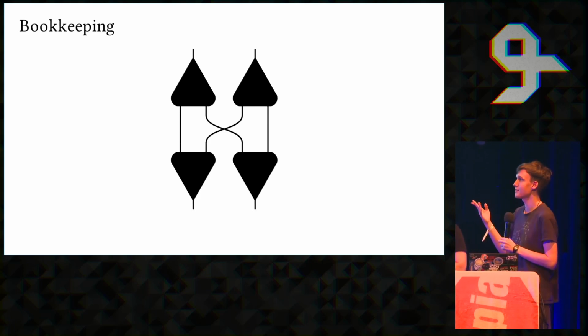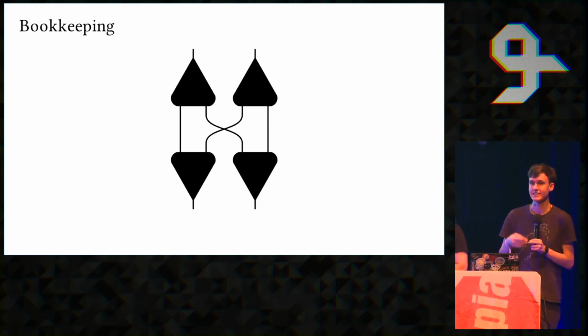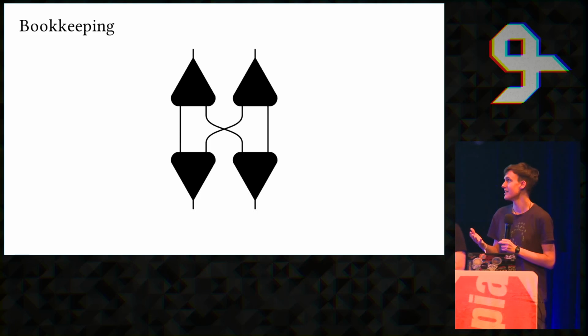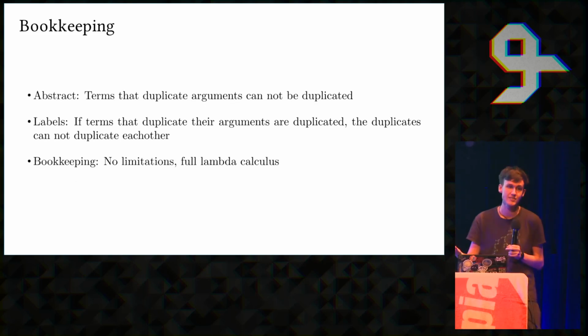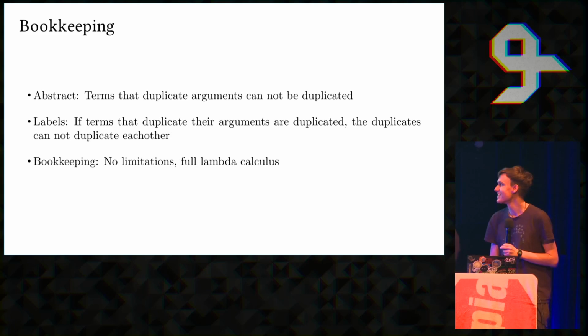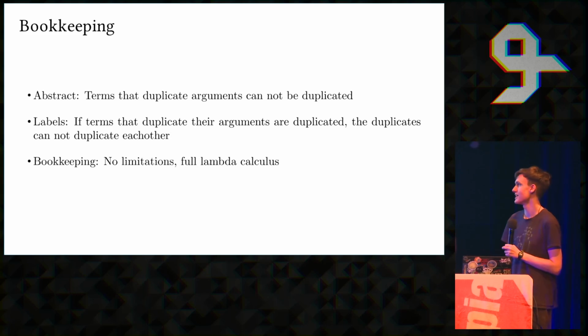But if we duplicate a duplicator in the same term, some people call it the radix family, then you actually have to annihilate the duplicators. It's a bit confusing, and it's just important to be aware that there are actually limitations, otherwise everyone would use these, right? Because they're actually really efficient otherwise.